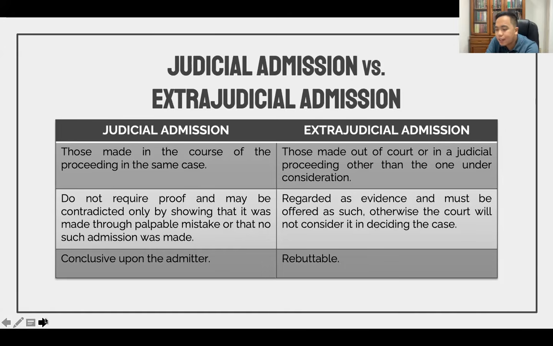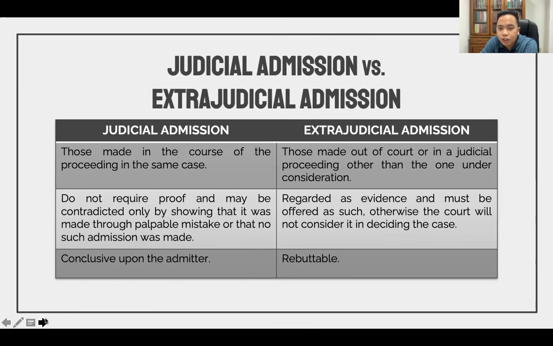By the way, class, if a party has made a judicial admission, whether verbal or written, that admission does not need to be proven anymore by the opposing party. Since it is an admission by the party or his counsel himself, it need not be proven in court. Judicial admission refers to those made in the course of the proceedings in the same case.